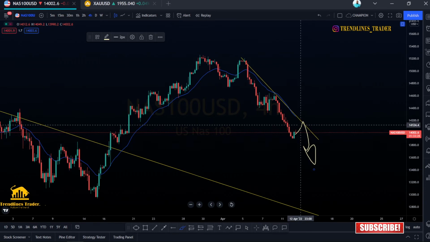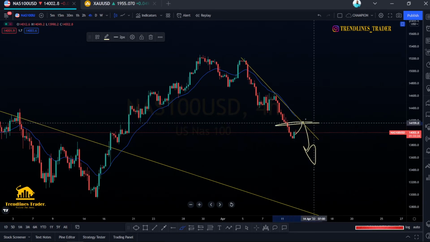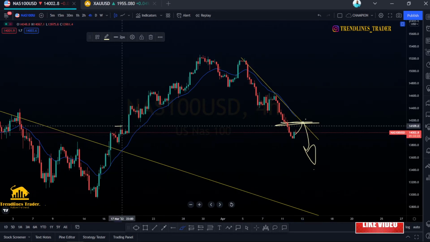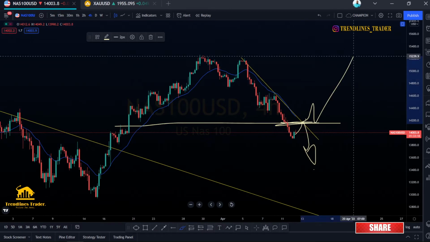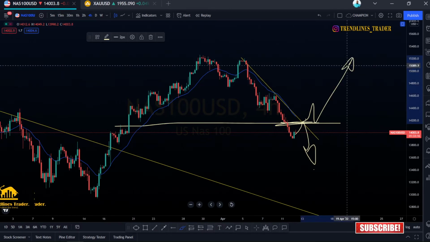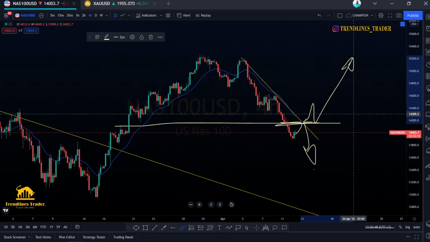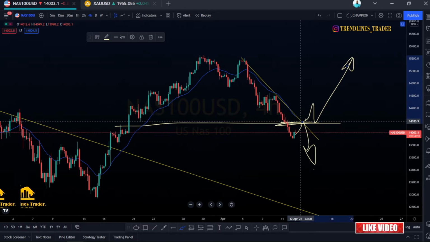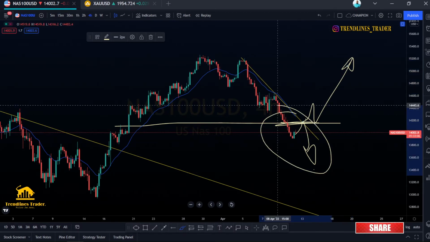If the price doesn't respect this area, this level that you see right here, we're gonna see the price breaking and pushing towards the upside, and we will end up having that trend that I was showing you on the daily time frame. So this is a very important area right here, right now.